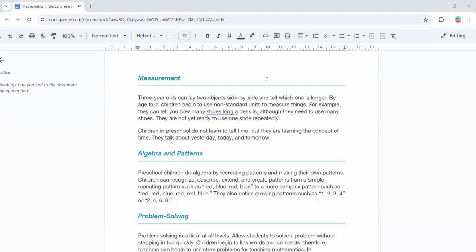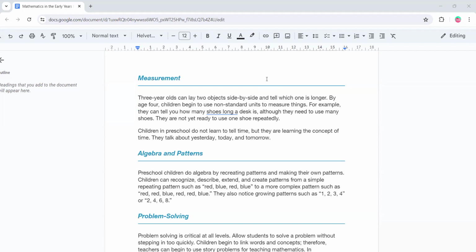3-year-olds can lay two objects side by side and tell which one is longer. By age 4, children begin to use non-standard units to measure things. For example, they can tell you how many shoes long a desk is, although they need to use many shoes. They are not yet ready to use one shoe repeatedly.